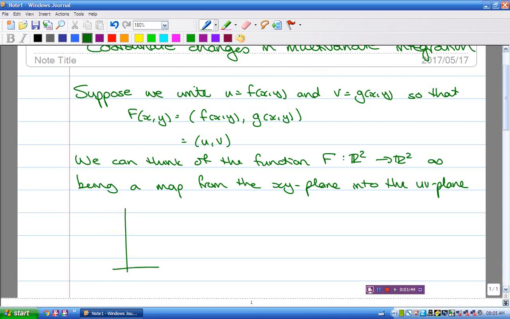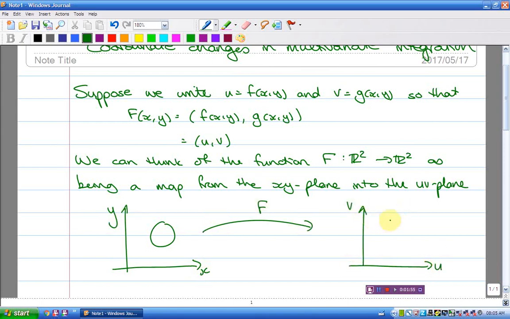Okay, so maybe we have some sort of blob in the xy plane and we carry out transformation big F and we end up with some slightly different blob. Okay, so that is one way of thinking of transformations.